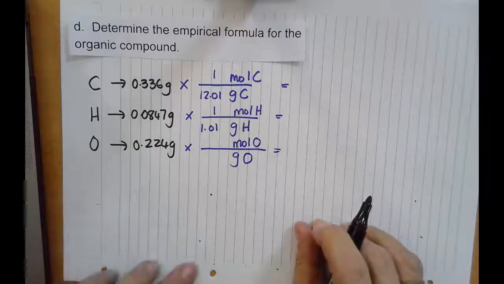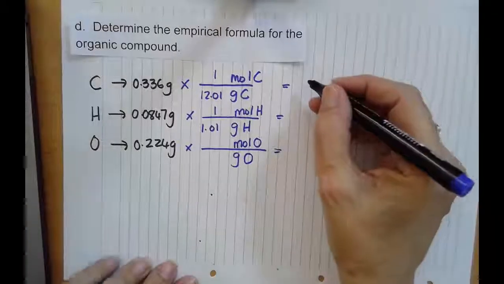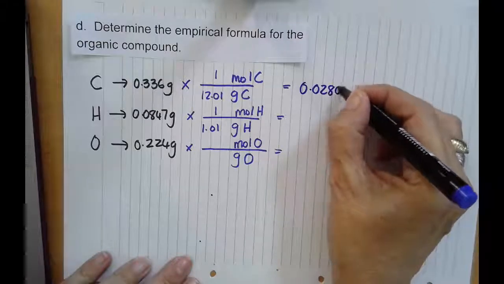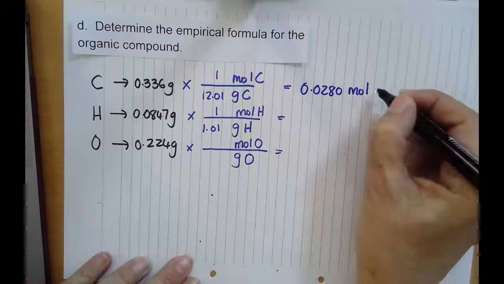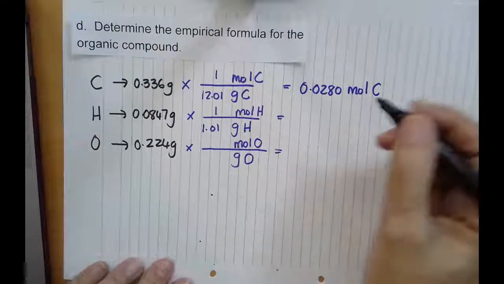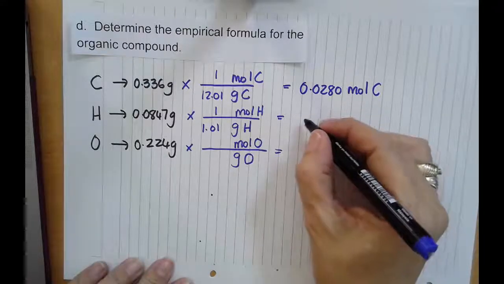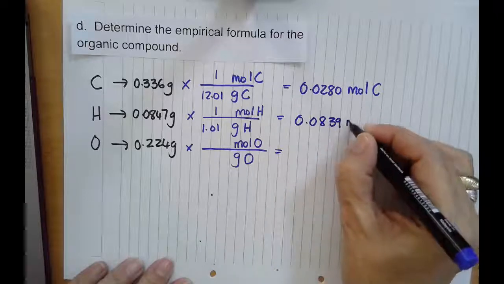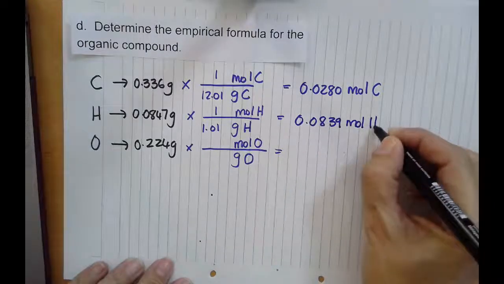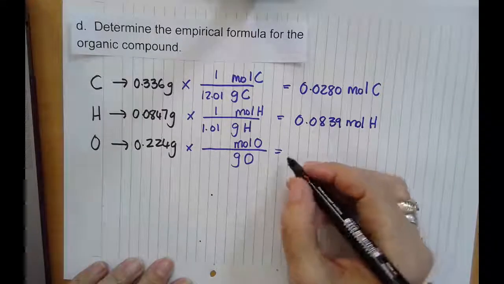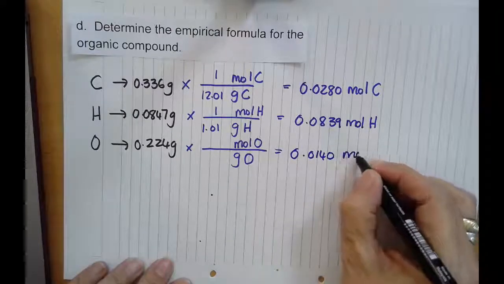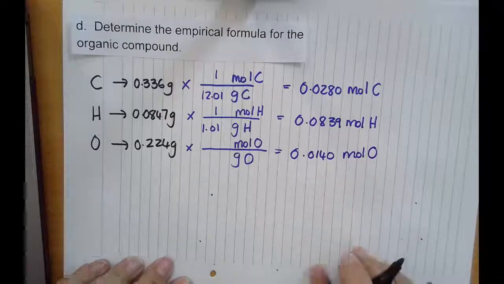Now when I do the calculation here, I see that for carbon I have 0.0280 mole of carbon. For hydrogen, I see I have 0.0839 mole of hydrogen, and for oxygen I have 0.0140 mole of oxygen.